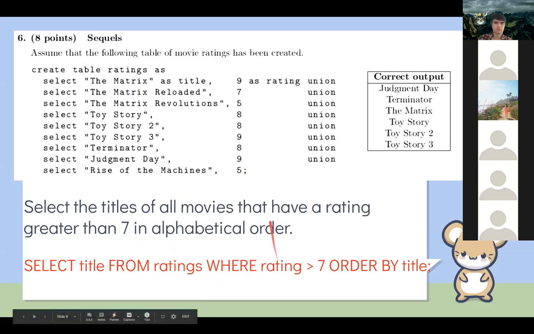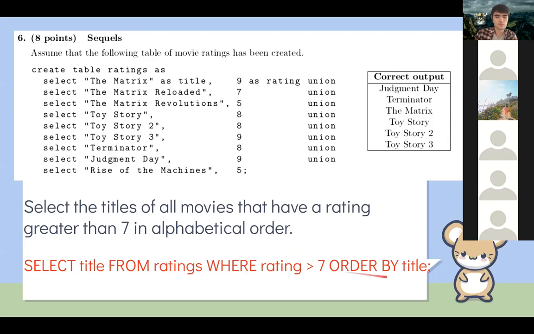Rating is another column in ratings. Because we want it in alphabetical order, we use order by title, because we are selecting the title here. Again, I did not have to provide ascending because default is ascending for order by, but you can. There's no harm in it.